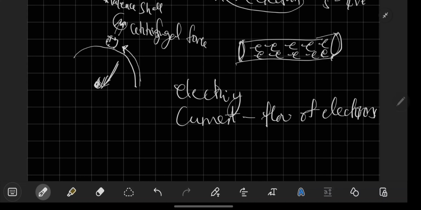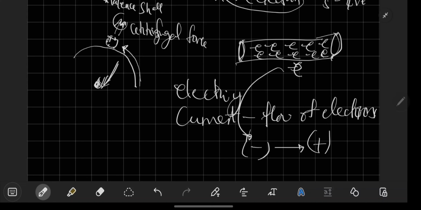Diba? Since the electron is a negative charge, so meaning to say, dito nang galing yung daloy ng kuryente or ng flow ng electrons. So meaning to say, the flow of current must be from negative going to positive. Okay? That is why there are some debates.